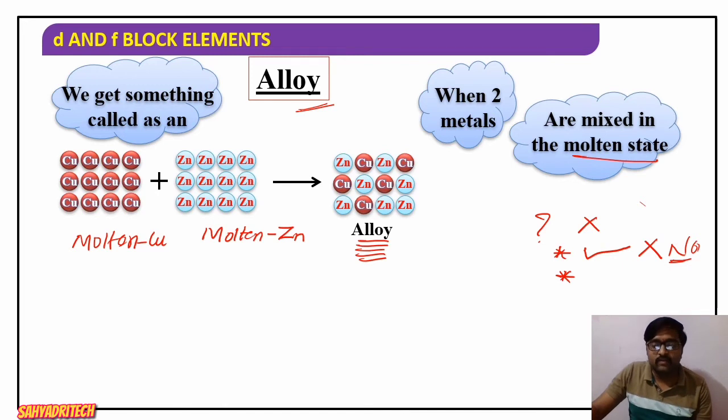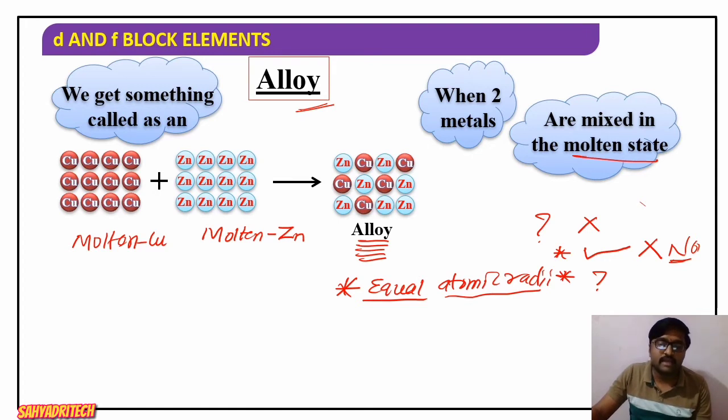The metals must have almost equal atomic radii. Metals having almost equal atomic radii can be used for the preparation of alloys, or else it is not possible to prepare an alloy.